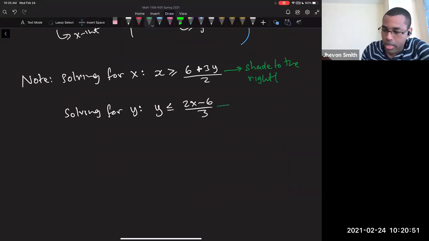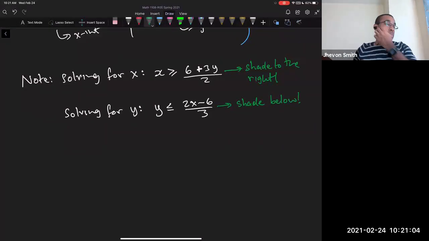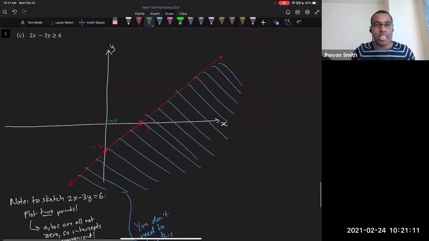So that tells me I should shade below, right? So if one person solves for x, they're going to say, oh, I should shade to the right. And if another person solves for y, they should say, oh, I should shade below. In either case, you're both going to shade the same part, right?